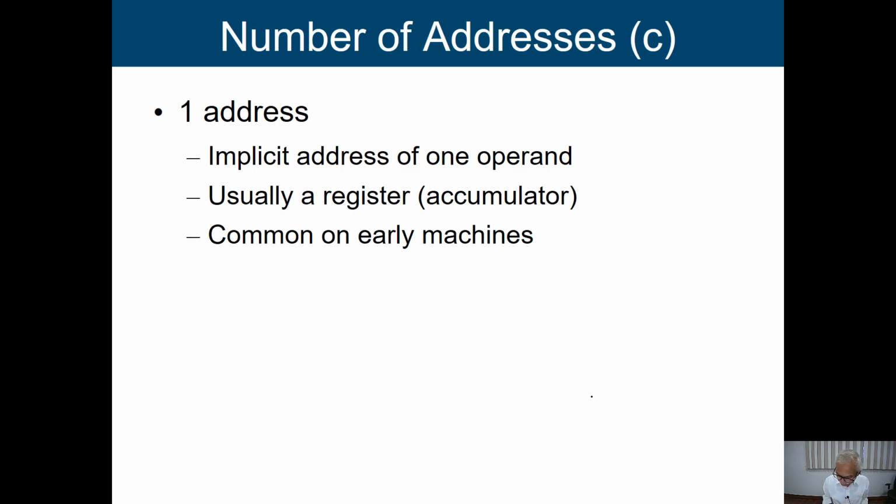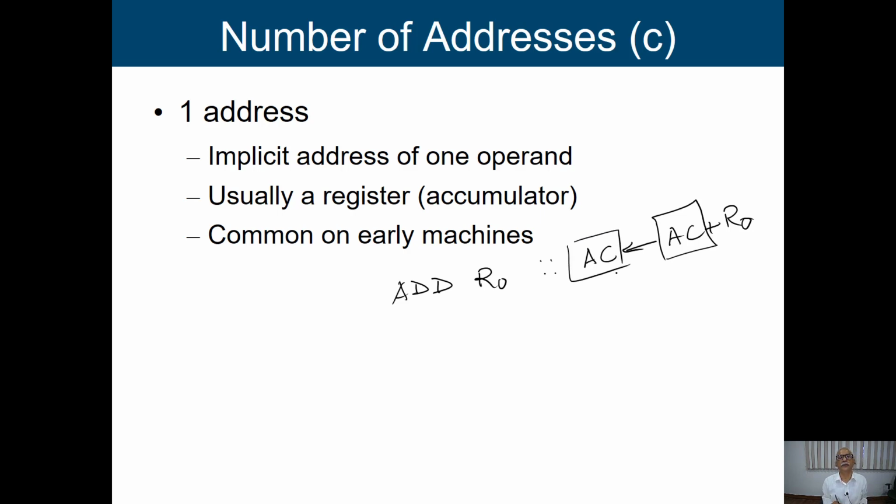If I go back to this example, say I say add R0, where R0 is a general purpose register. What it does is accumulator equals accumulator plus R0. That means one of the operands is taken from the accumulator register, we perform the operation, and whatever result we get is put back into the accumulator.